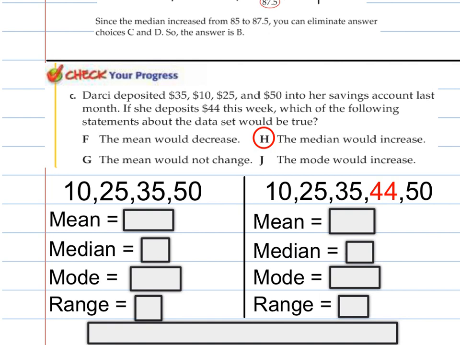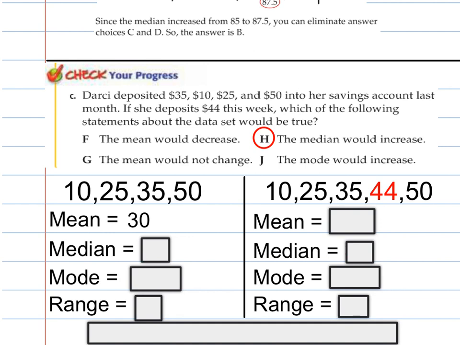Okay, so first, finding the mean of the original 4 deposits: 10, 25, 35, and 50. I have put them in order already. To find the mean, we're going to add all of those together and divide by 4, and we would get 30. Looking at our new data set with the extra deposit, we have 10, 25, 35, 44, and 50.